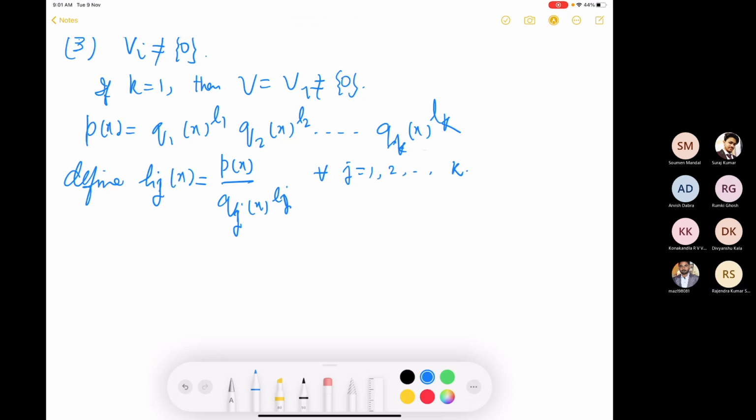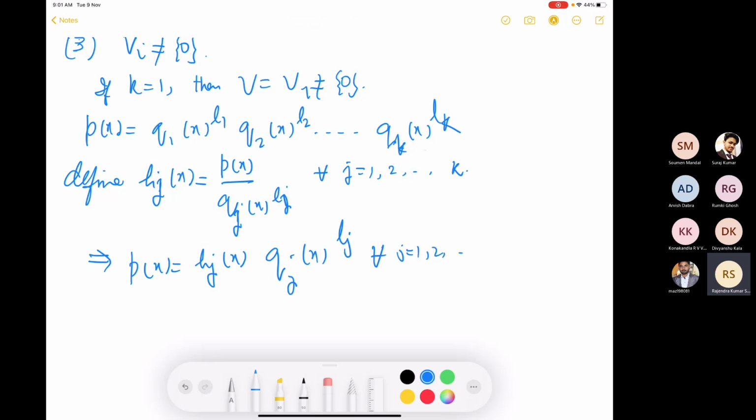So that makes that p(x) is hj(x) times qj(x) power Lj for every j, 1 to k.